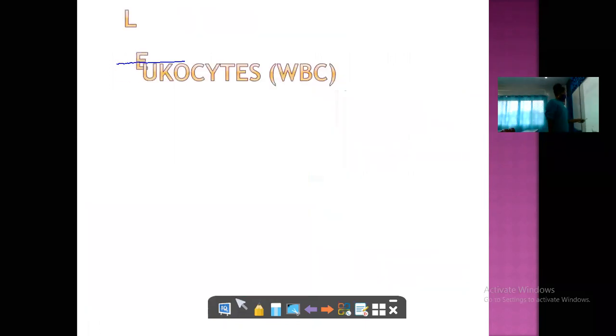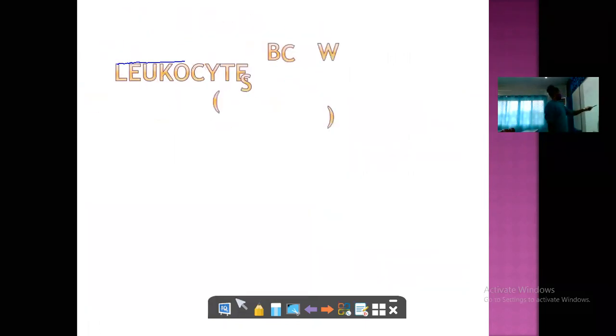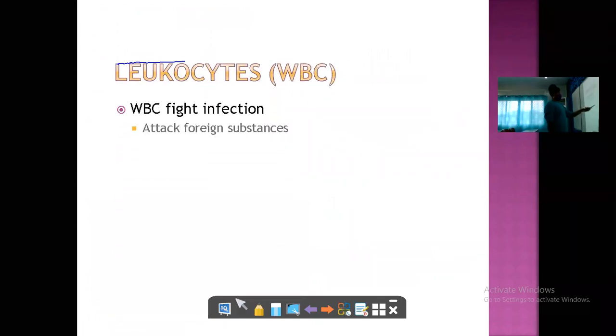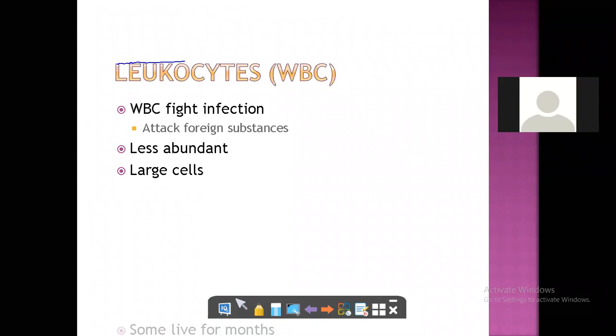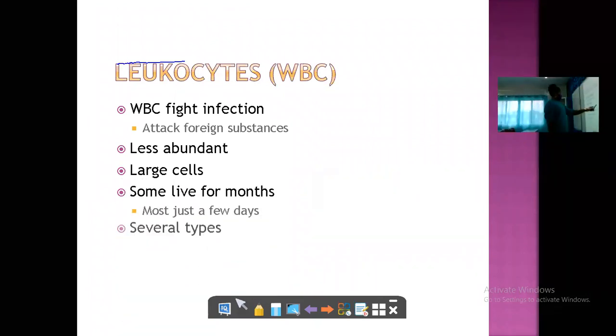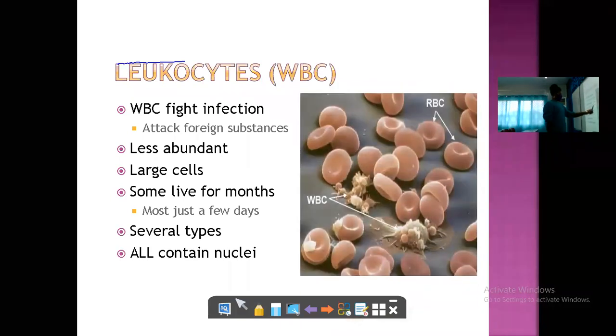The next slide: white blood cells, and we're looking at microorganisms. Their main function is to fight infections, diseases, germs. They attack foreign substances.